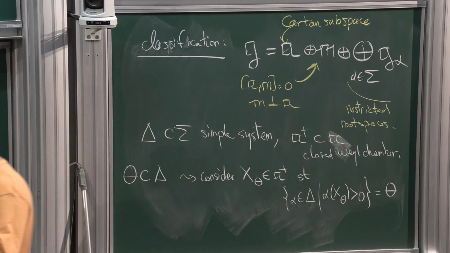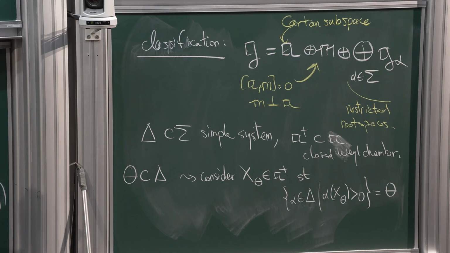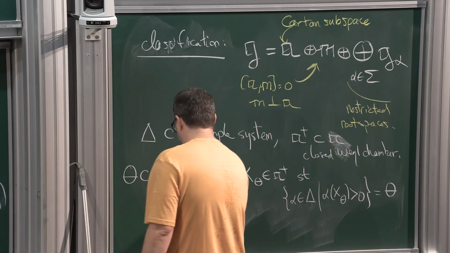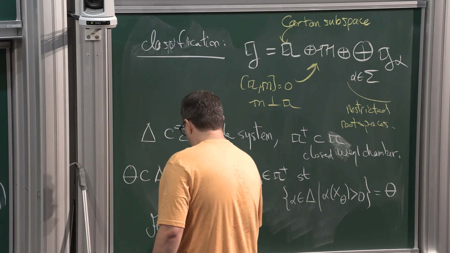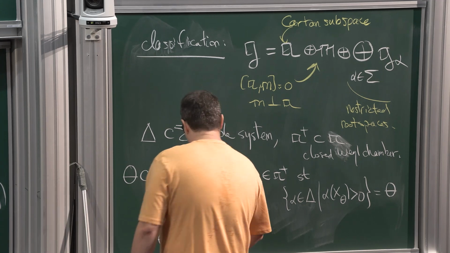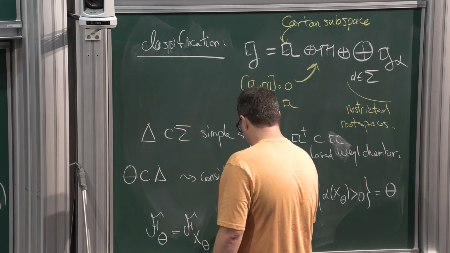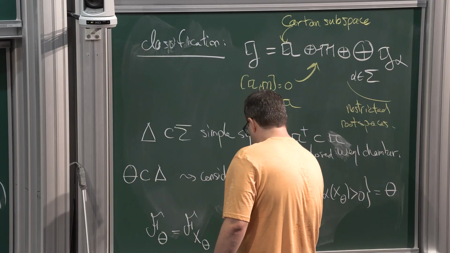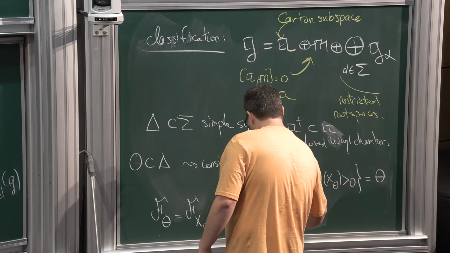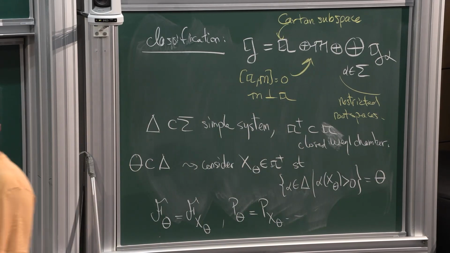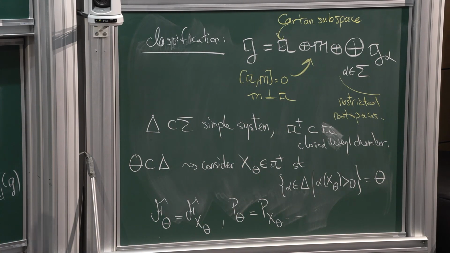So this is a subspace in the cone A+. And then you can define everything depending on theta, like F theta. You can define it as F of this x theta. Same for P theta, and so on. Right? And this does not depend on the choice of this x theta. I think this was the confusing thing earlier.